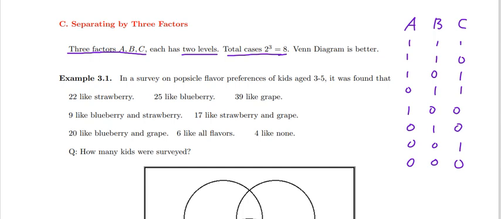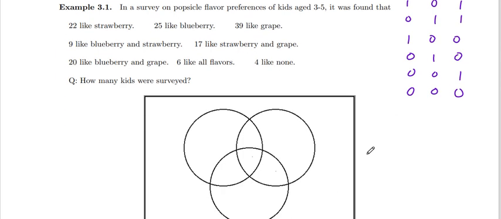And we can also use a Venn diagram. Many people prefer the Venn diagram. Like here, we have 3 things: strawberry, blueberry, or grape. Some people like both of them, some people like one of them, some people don't like any of them.